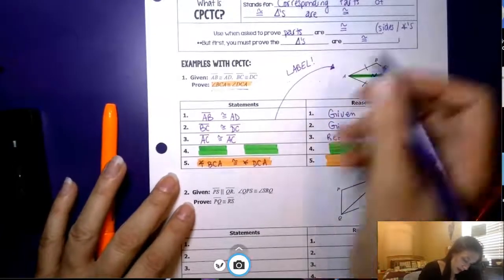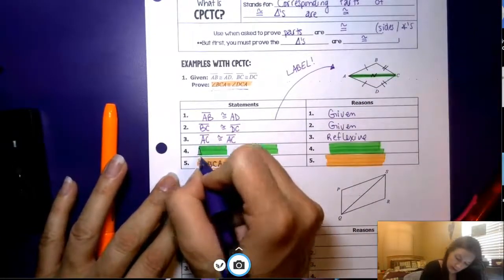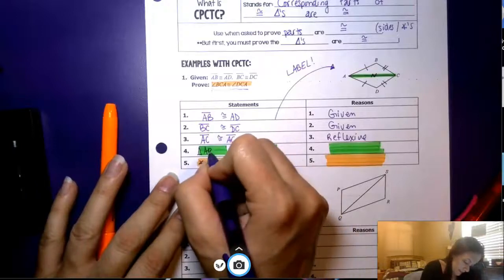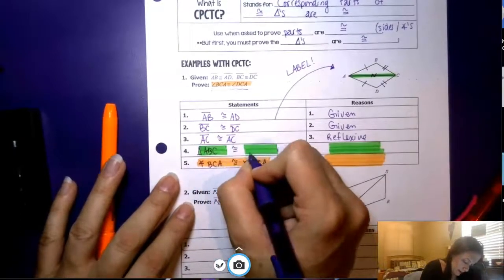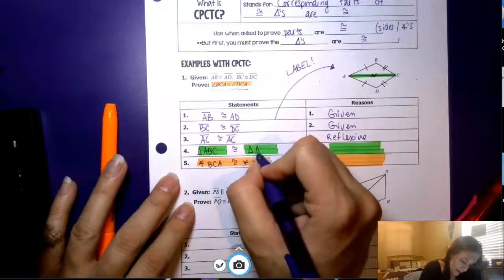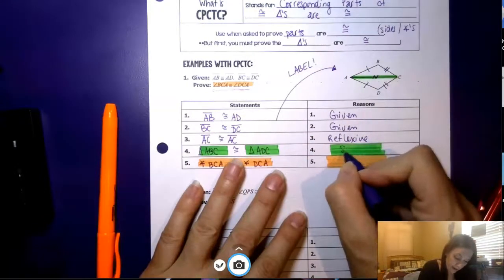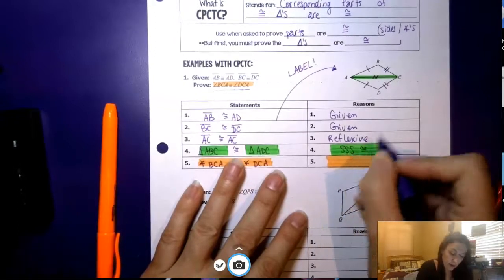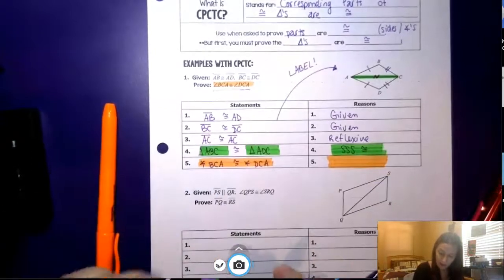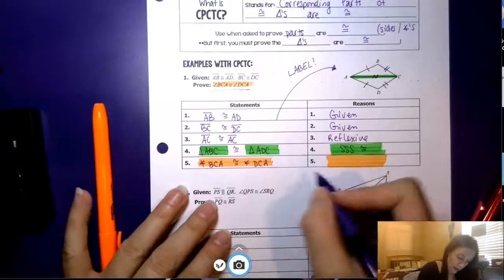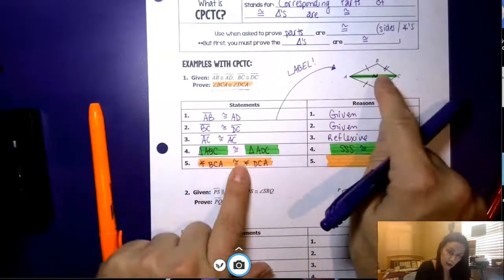Well, I sure do. I can say that triangle ABC is congruent to triangle ADC because of the side-side-side congruence. Every time you have another step after, my reason is going to be, well, I know the triangles are congruent.